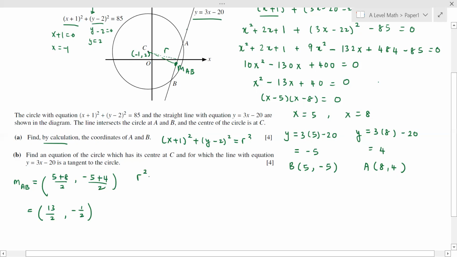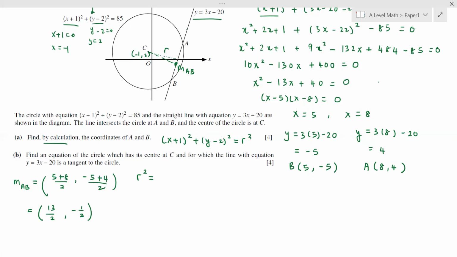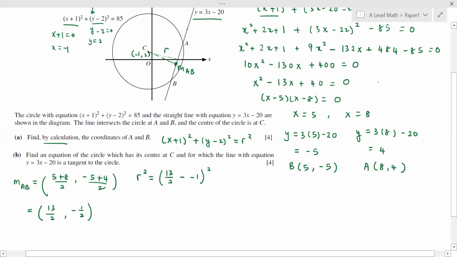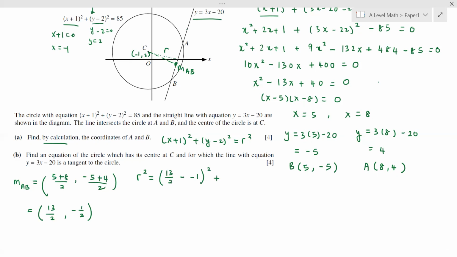We can just find the distance between C and this point. So we have (13/2 − (−1))² and then we add (−1/2 − 2)². By right, r should have a square root here, but since we square this, we no longer need the square root.